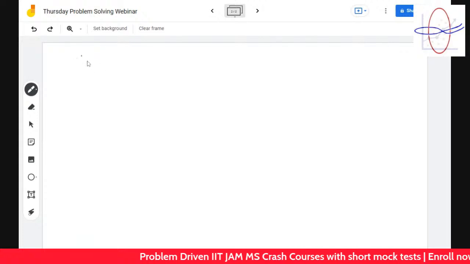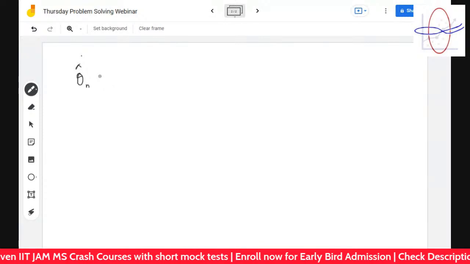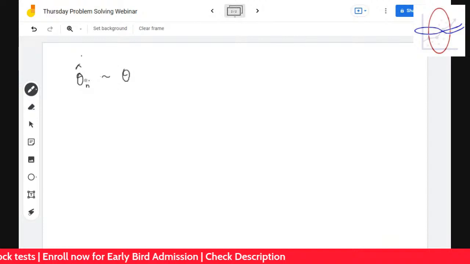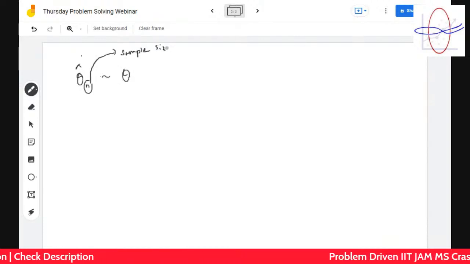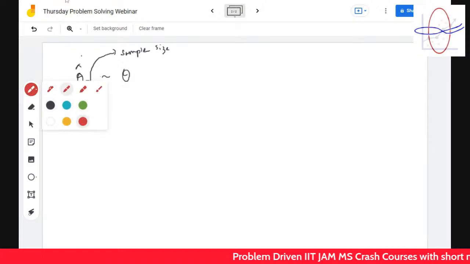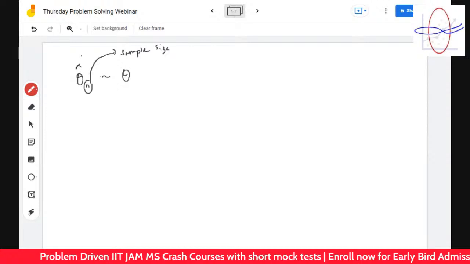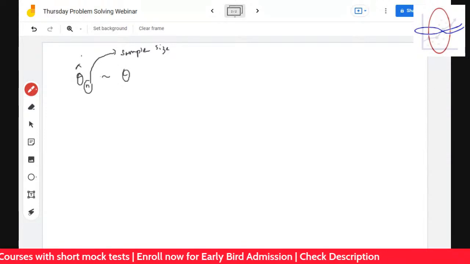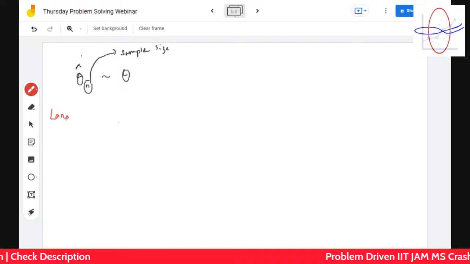So we have an estimator theta hat n, which is trying to give a very close value to theta, and it depends upon the sample size n. The goal of theta hat is to get an accurate value of the actual parameter theta, right? So here we are trying to understand how good that theta hat n is. To understand that, one of the properties is a large sample property, which is the consistent estimator.